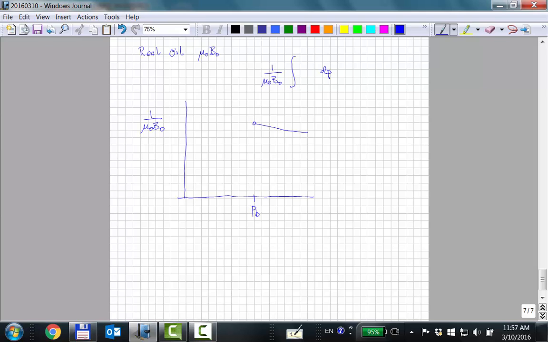So you get something that's more constant than mu by itself or Bo by itself. So they kind of cancel out each other. And this is in the undersaturated part. So if our external pressure is out here and our bottom flowing pressure is in here, then basically we can use some kind of average here as a good approximation and just use delta P. So this is okay.